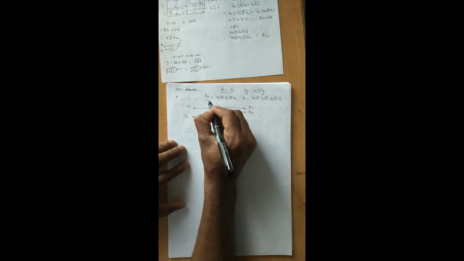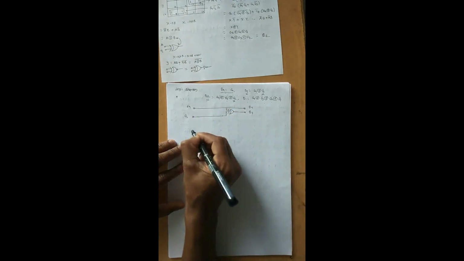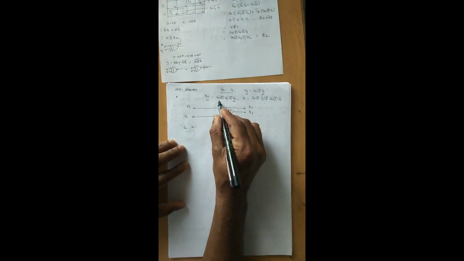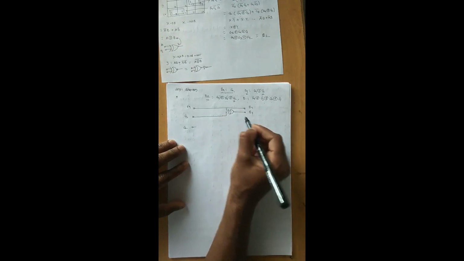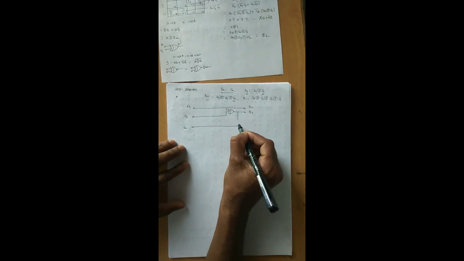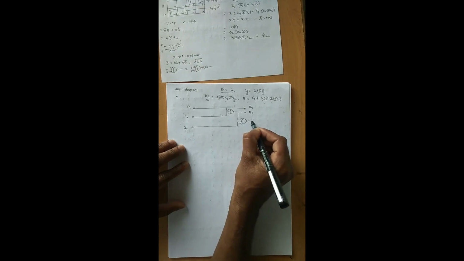The next is B2; we need one more input Z2, which is XORed with Z4 and Z3, which is available here. So we only consider Z2 and make an XOR with this one. I hope you understand a little bit.